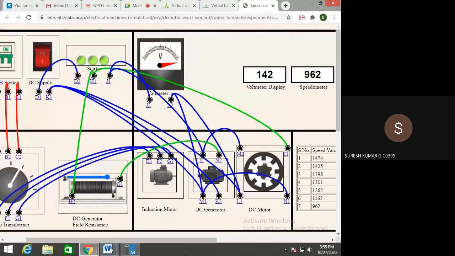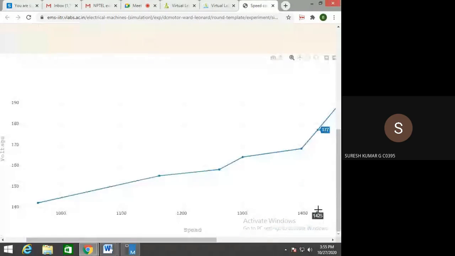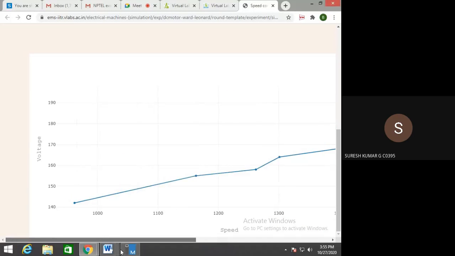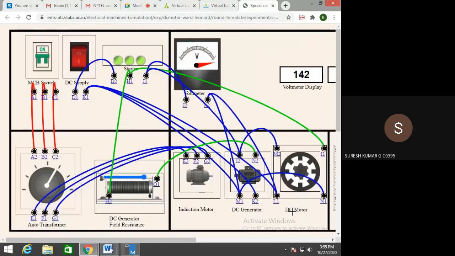We can get the value and graph for speed and voltage. So this is motor number 1. This is the generator, and this is the controlled motor. We can control both by the armature control method and field control method. So two things are possible with the help of this Ward Leonard control system.